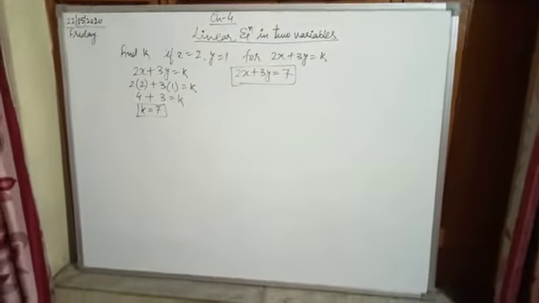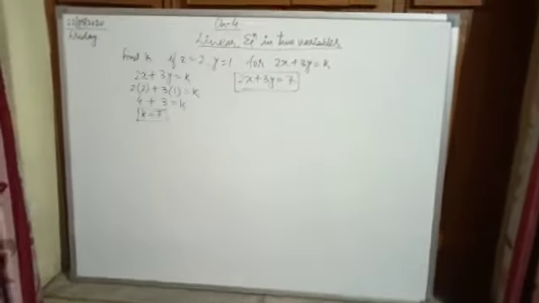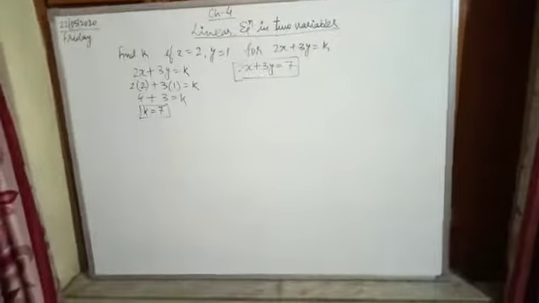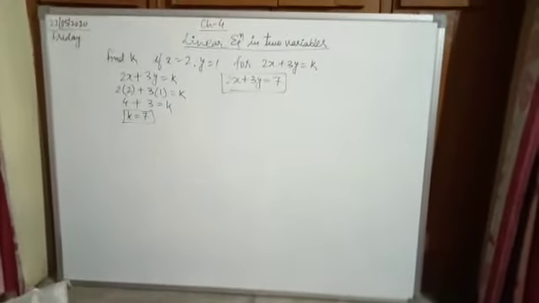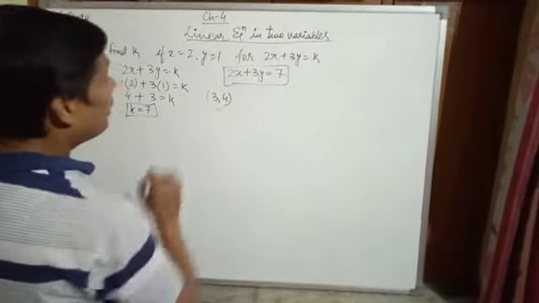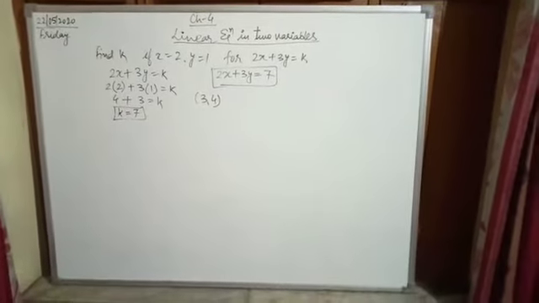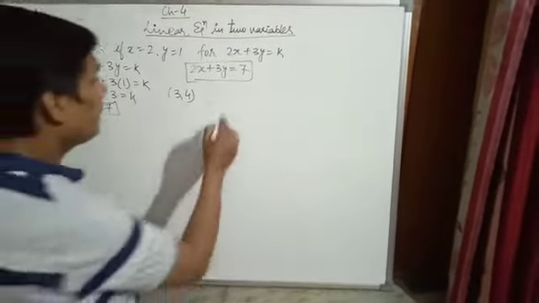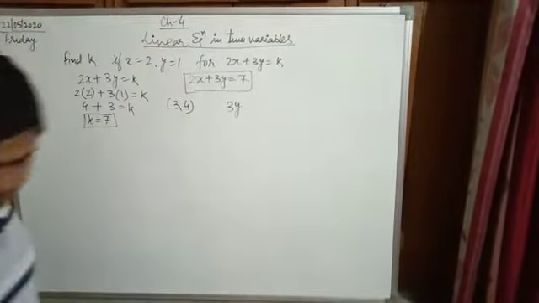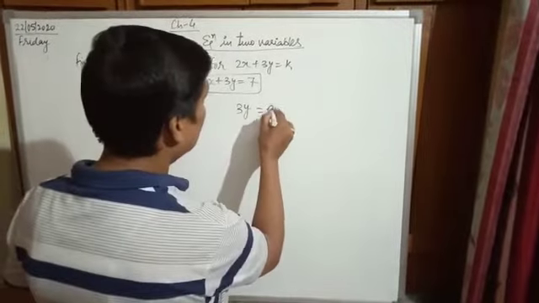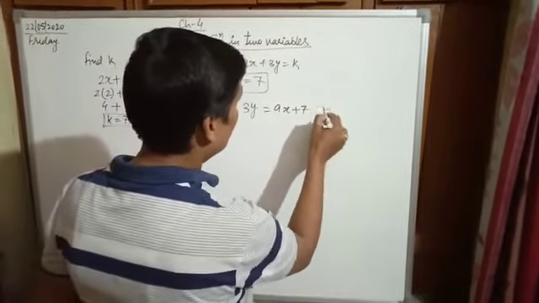Now, a question in exercise 4.3 is given, which is quite important. If the point (3, 4) lies on the graph of the equation 3y is equal to ax plus 7, find a.